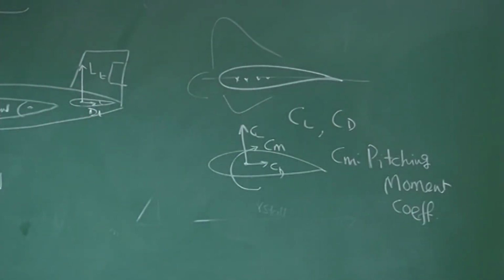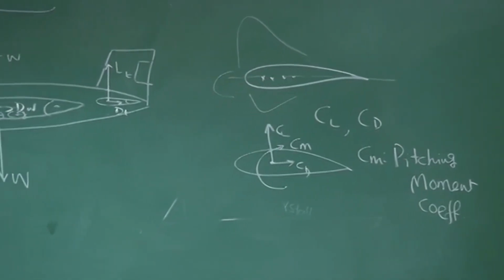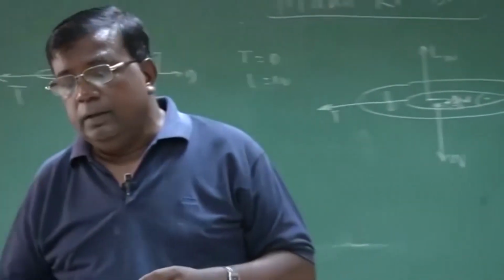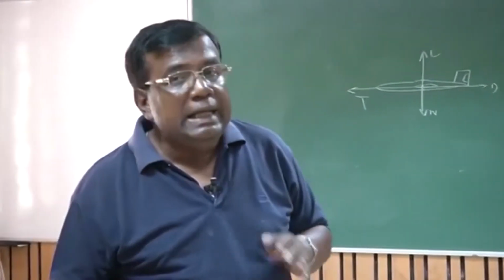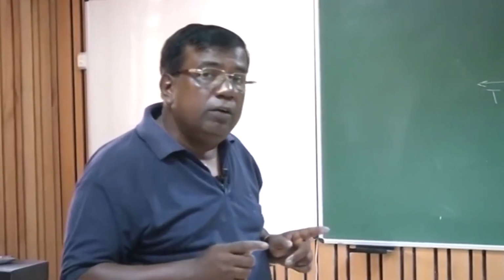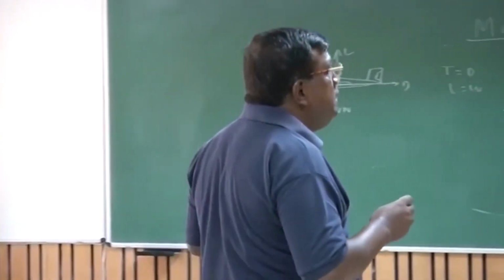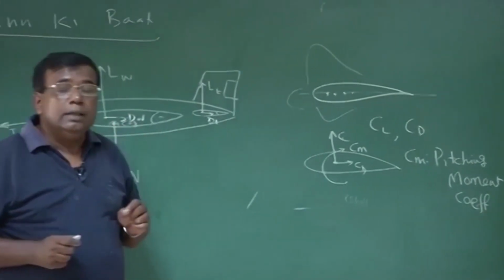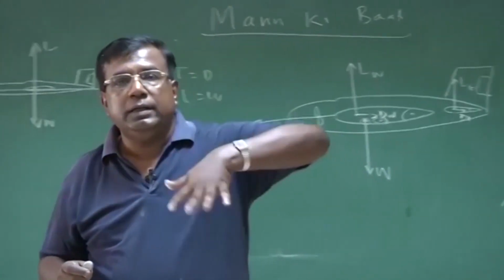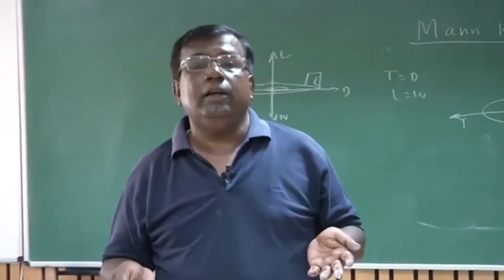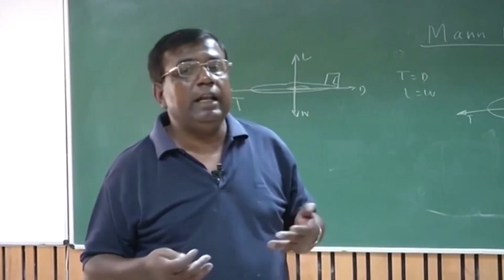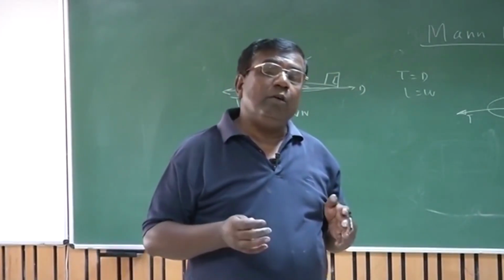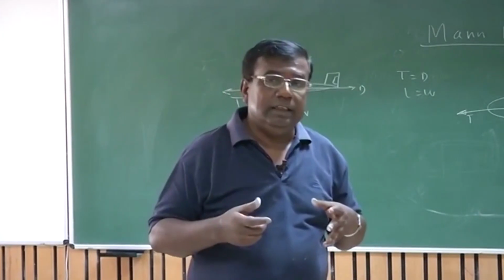Okay. It so happens for a general aerofoil, there is a point along the chord of a thin aerofoil. At that point, the pitching moment is independent of angle of attack. Even if the angle of attack changes, the pitching moment about that point doesn't change.